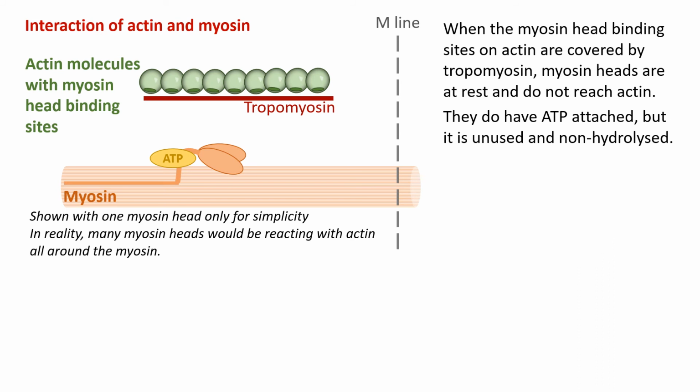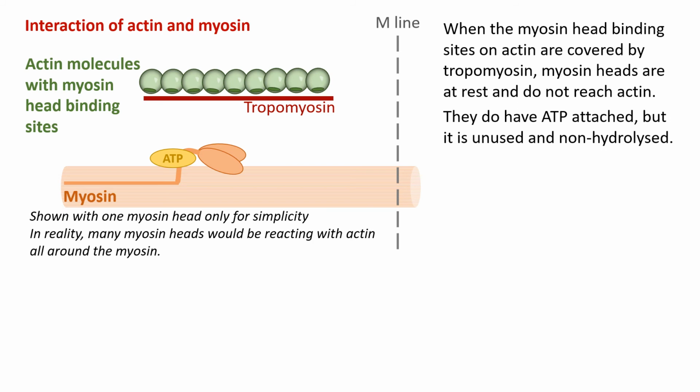So when our myosin head binding sites on actin are covered by tropomyosin, this is when the muscle is relaxed, and the myosin heads are at rest. Remember I said they're floppy. They're in a low energy state. At rest, because they're floppy, they can't reach up to actin. They also have a molecule of ATP attached, but it's still ATP.